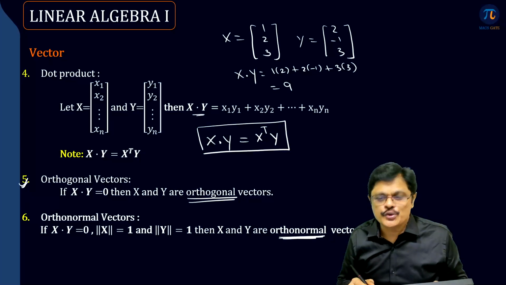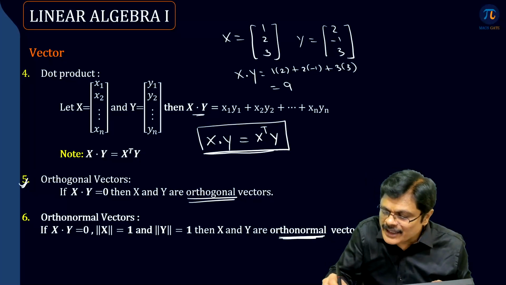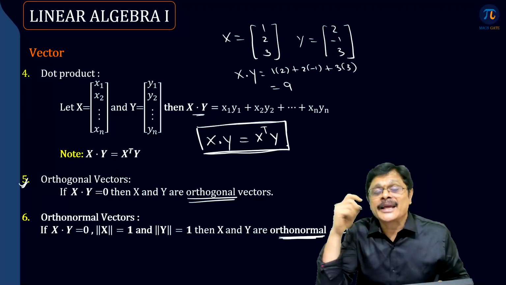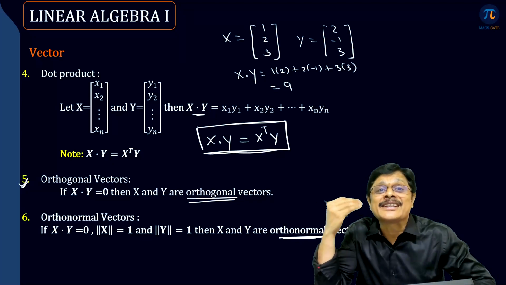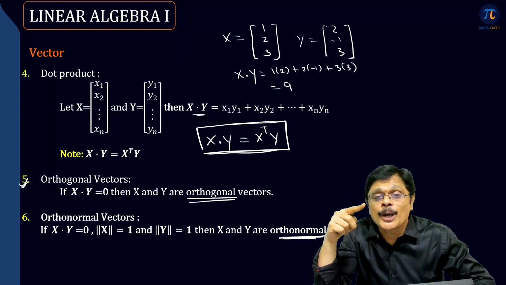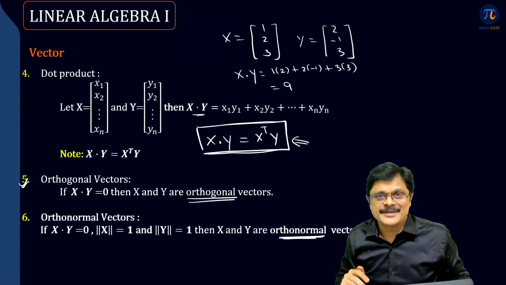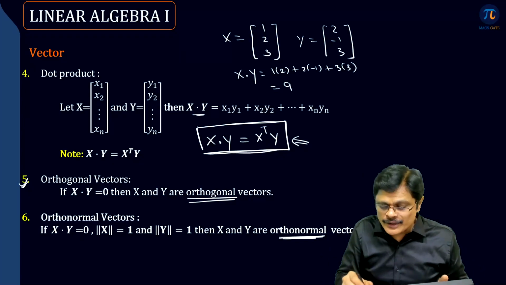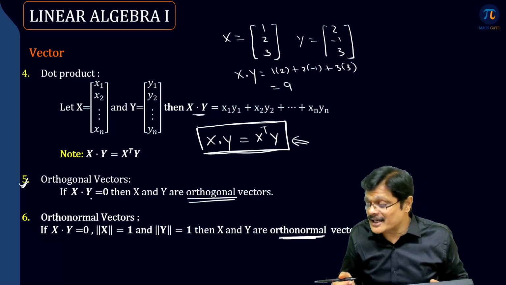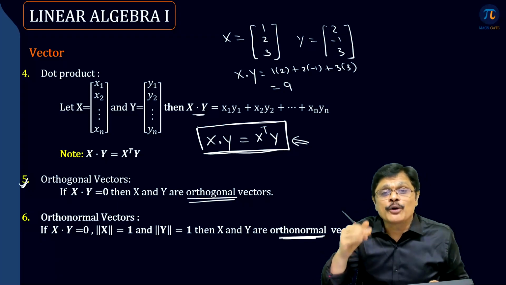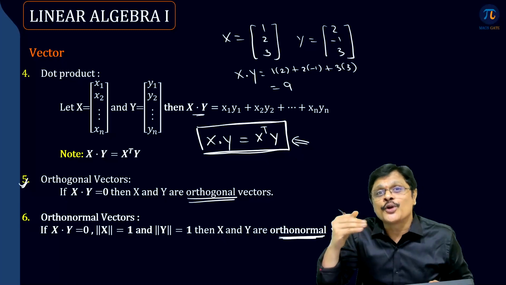This is how we can get the dot product in terms of a matrix product. X dot y is equal to X transpose into y. If you want to write the dot product in terms of a matrix product, this is the method, my dear. If the dot product is 0, the vectors are called orthogonal vectors, and if both vectors are unit vectors, then we call them orthonormal vectors.